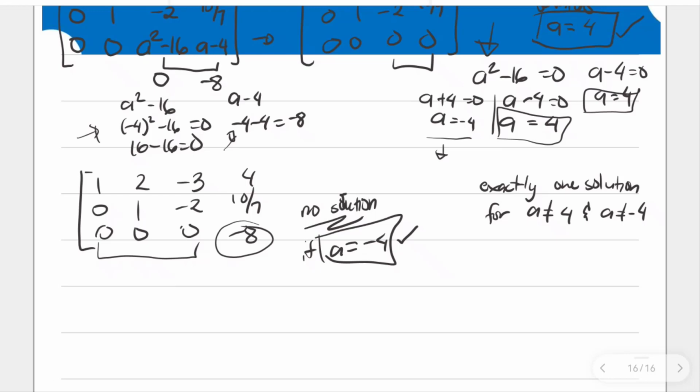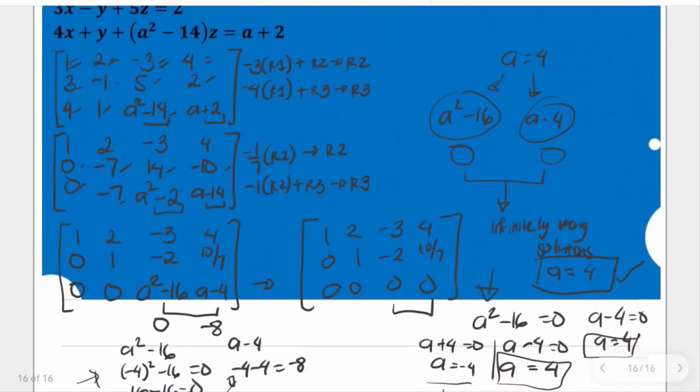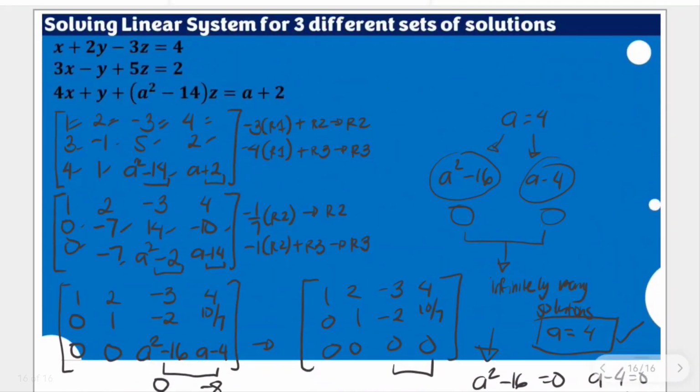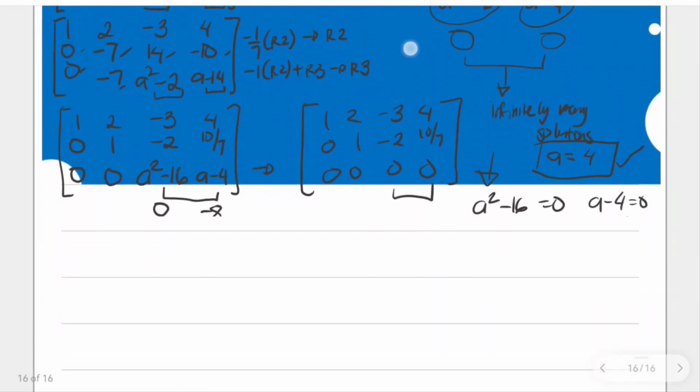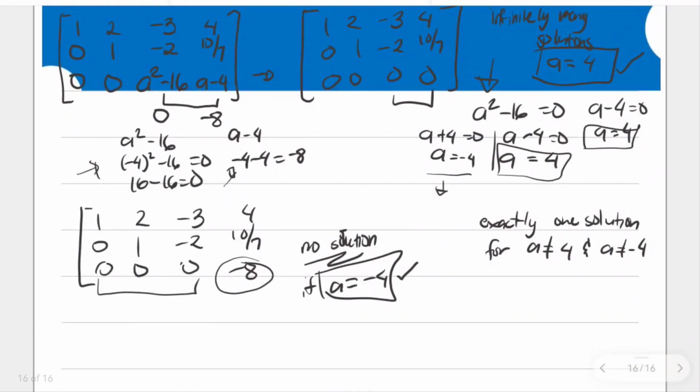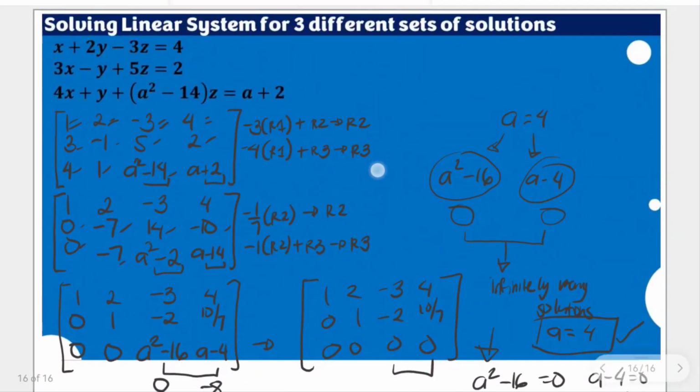So these are the results for this given situation: solving this linear system, predicting the value of a that could make, number 1, infinitely many solutions, number 2, no solution, and number 3, exactly one solution. Okay? Thank you for watching.